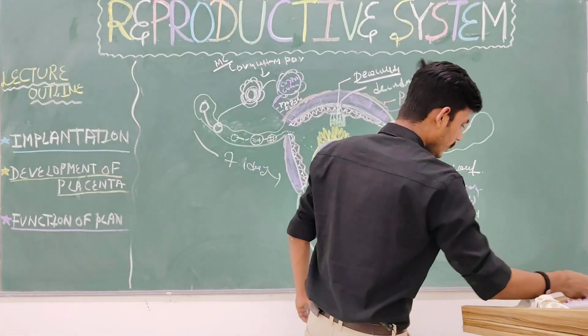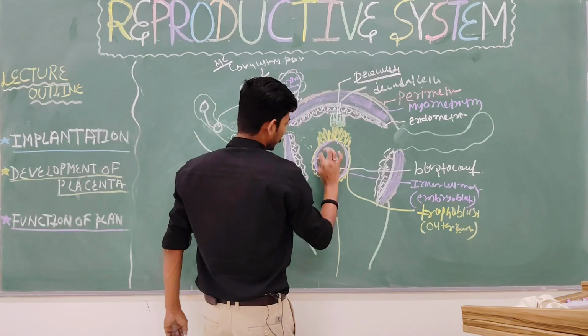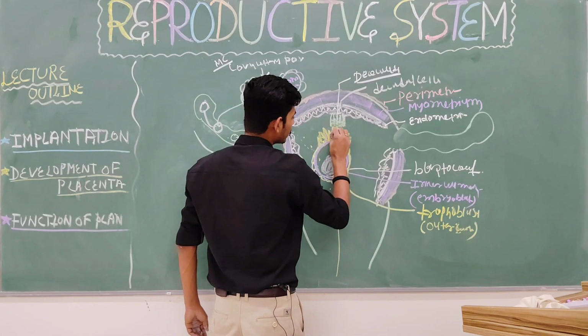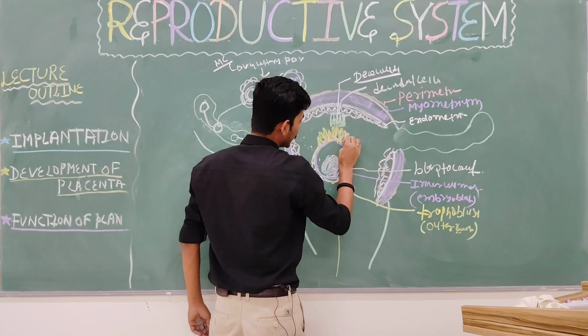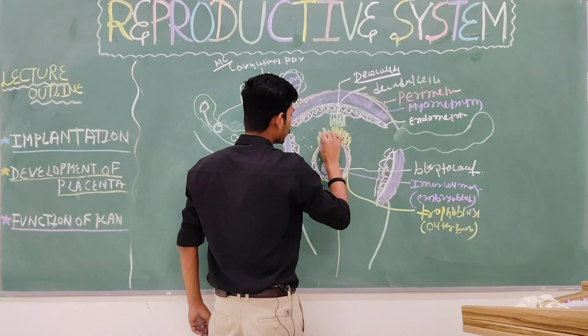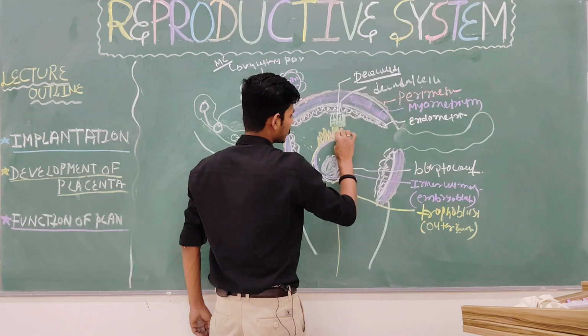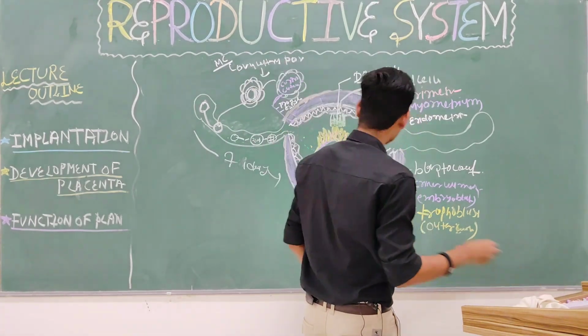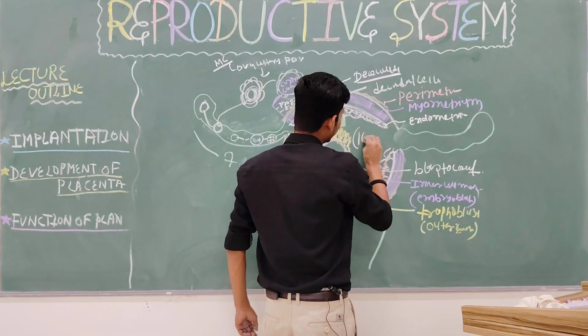Now this microvilli or finger-like structure develops some small blood vessels, and this story is happening in 16 days.